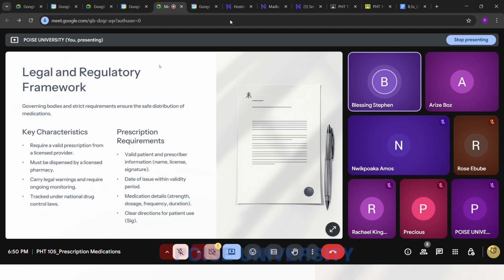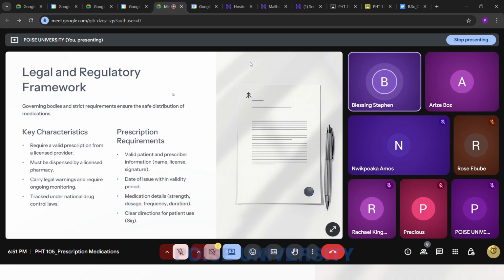Precious told us that we want patients to get the kind of treatment they need by taking the right drug and right dosage for improved outcome. Iwekoka mentioned safety. That is correct. Patient safety, we don't want them to misuse the drug. We don't want a situation where drug to drug or drug to food interactions will cause harm.